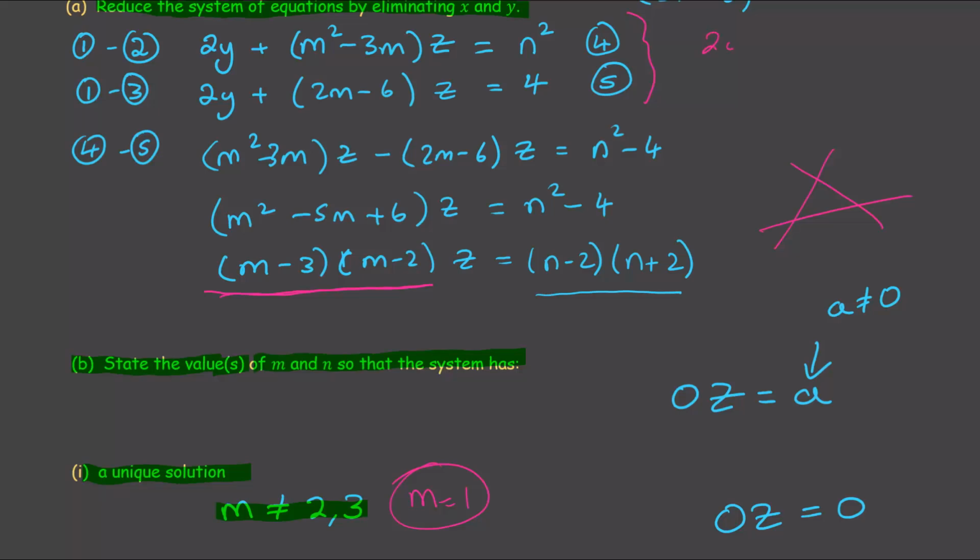So we would have 2y and 1 take away 3, so minus 2z is equal to, let's just take in a value like 3 again, so let's just say it's 9. And then we would have here 2y, and that would be minus 4z's is equal to 4. And we can see that that system could be solved to get a unique solution.